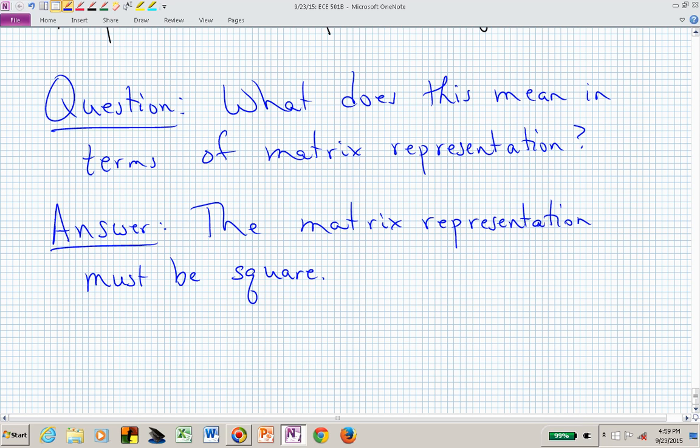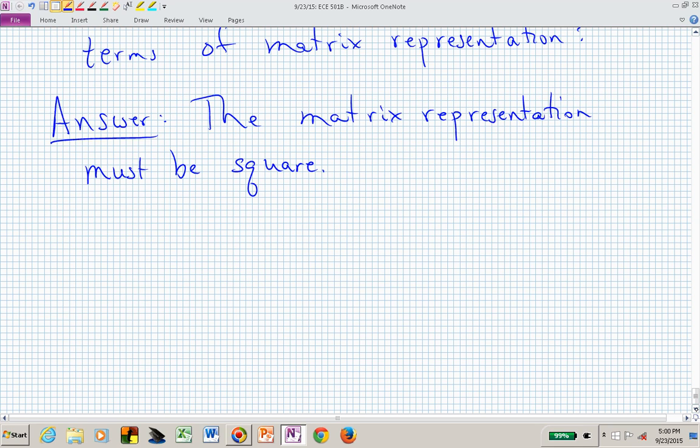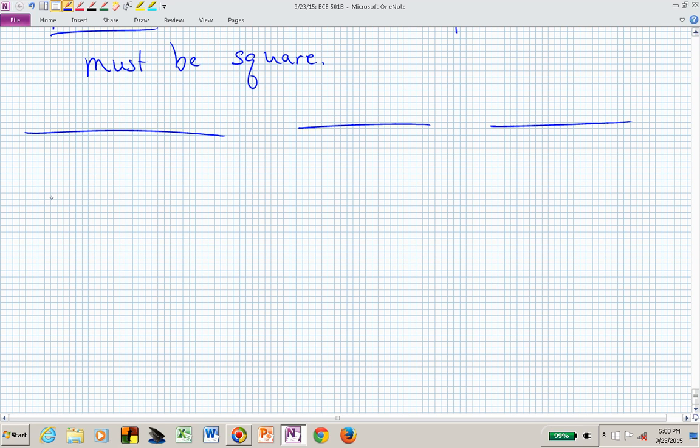You may have some dependency in your rows or columns, which means you might have a non-trivial null space. And if you have a non-trivial null space, then you definitely don't have a surjective map either, if you have a square matrix.